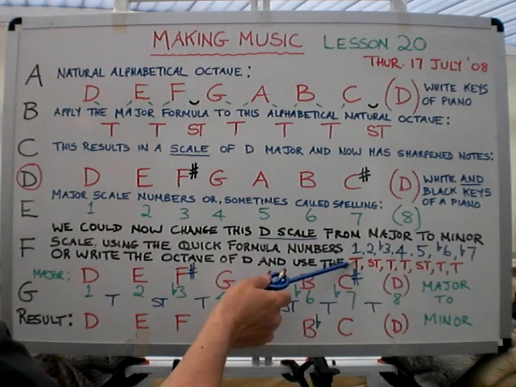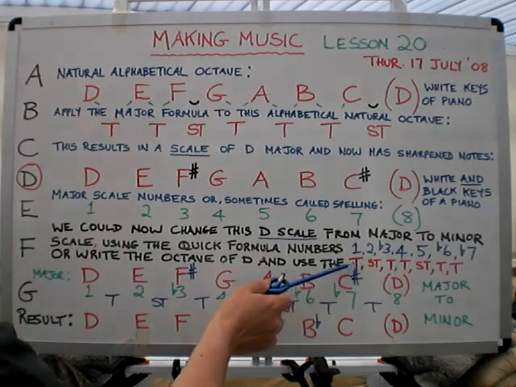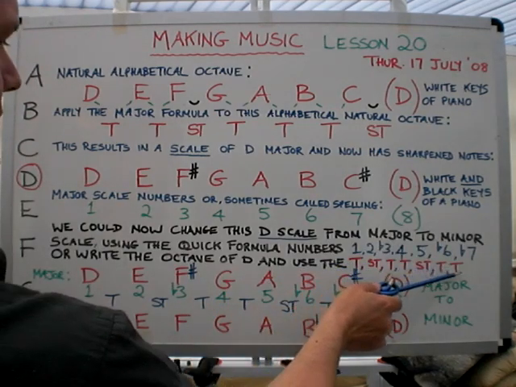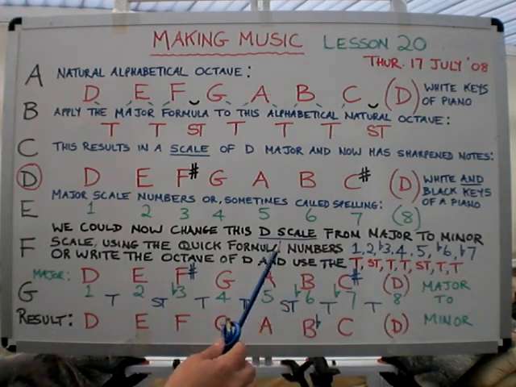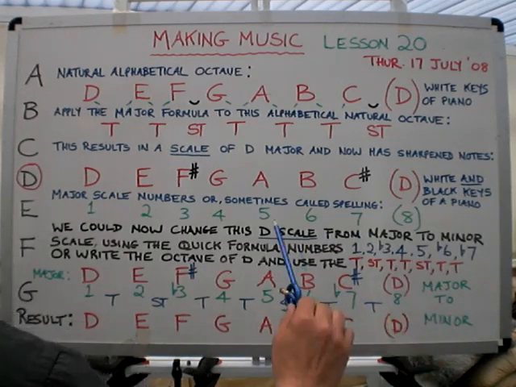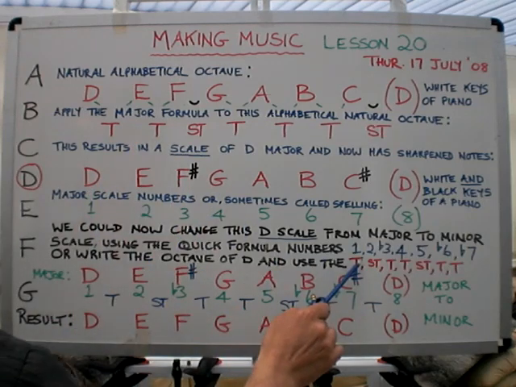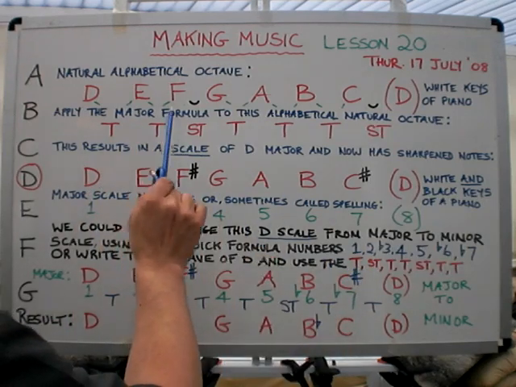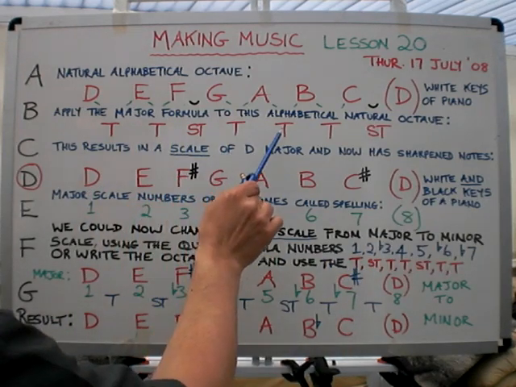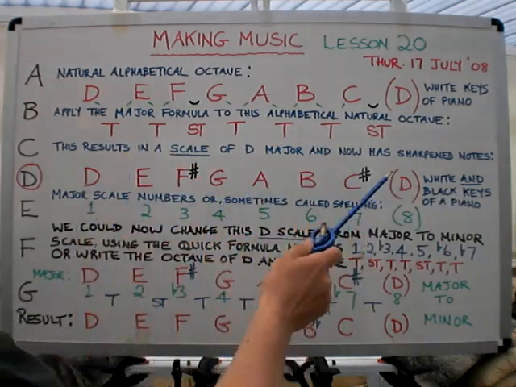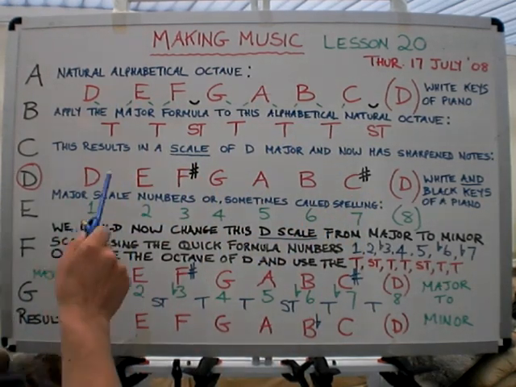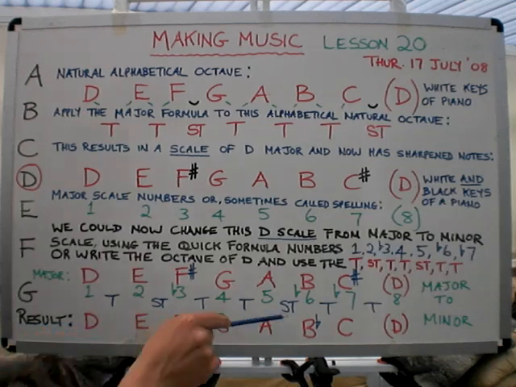Notice how that's different: tone, semitone. This is the minor formula. So if we just did the natural D to D, like here, and instead of these ones I put that tone, semitone here, tone, tone, semitone, and worked it out, we'd have a different result. Well, we'd have the result of the minor scale.